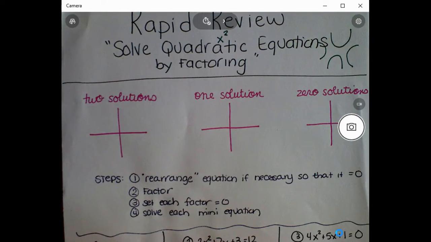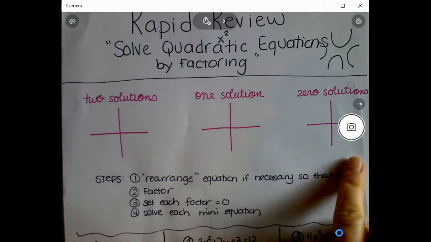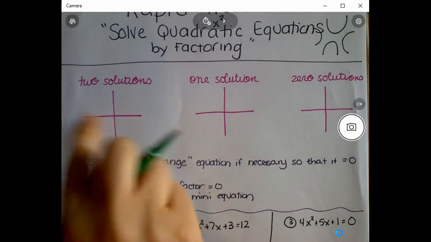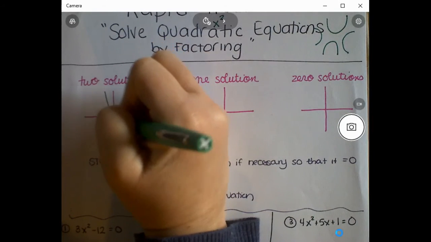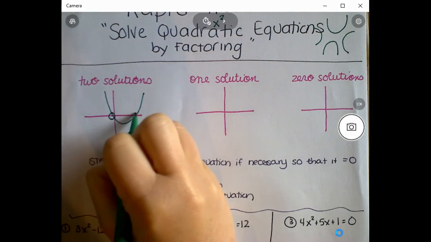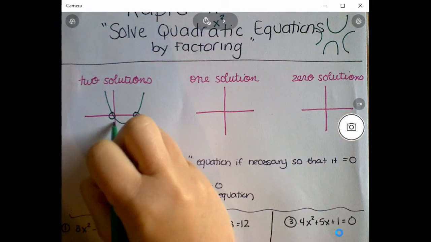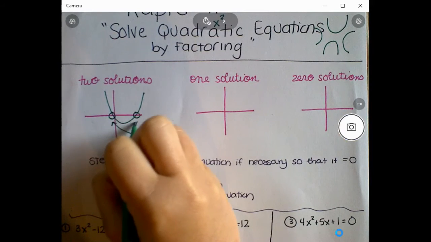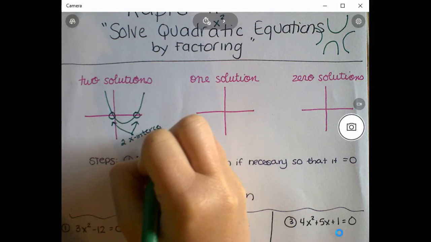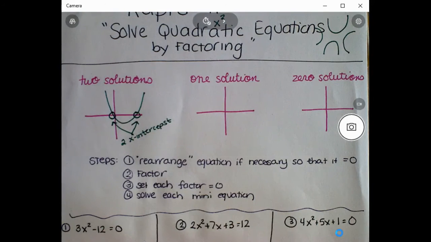And so if you think about how that would look on a graph, that will give you how many solutions you would have. If the parabola hits the graph like this, and I'm talking about the x-intercepts, it has two solutions. So 2 x-intercepts means two solutions.